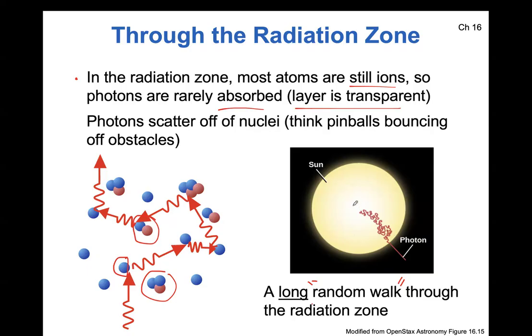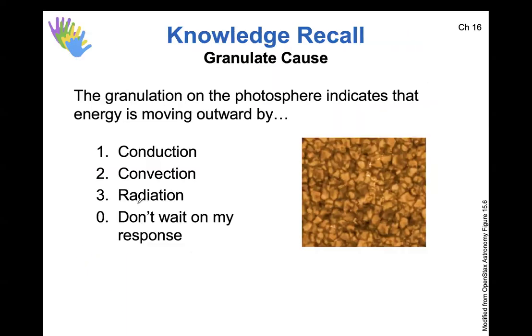But regardless, there's this long random walk for the photon because it can't do anything else. It can't deliver its energy. It's just trapped there as a photon. So when we talked about eventually the gamma ray becoming something else, that doesn't really happen until the very upper level of the radiation zone or the convection zone itself, where it's finally able to become lower energy light.